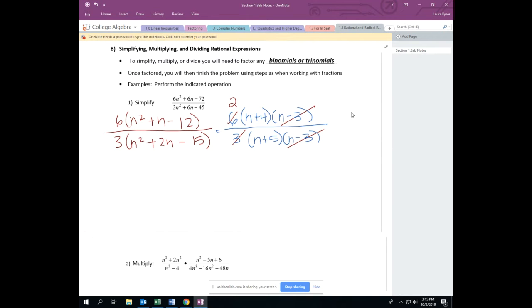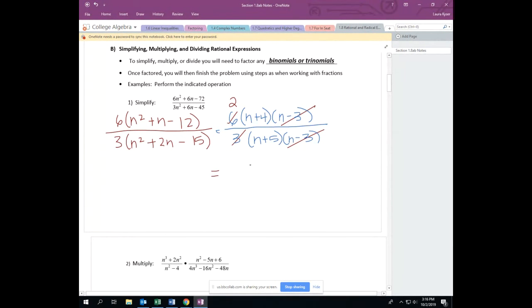Now, once all of the common factors have been removed, anything that's left over, you just write where it is. You don't have to multiply it back out unless you really want to. You don't have to do the distribution or the FOILing or anything. You're not actually going to be multiplying any of these. You're just going to write them next to each other.